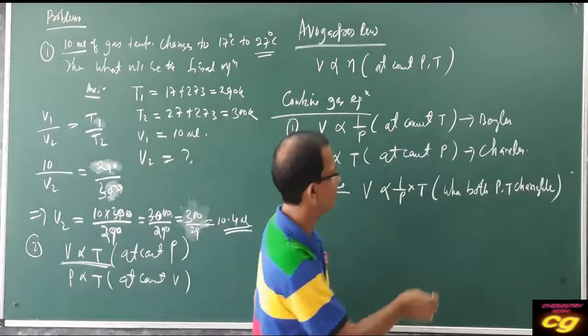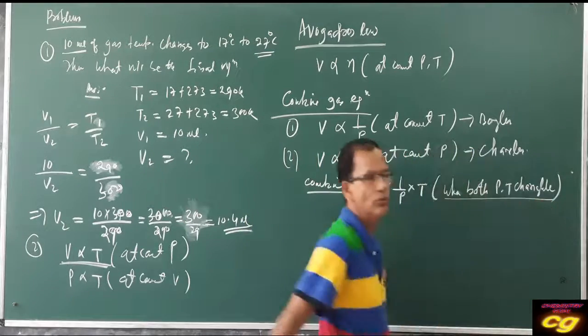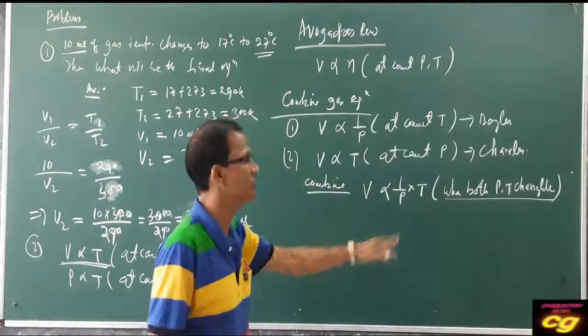When combined, both will be changeable, not constant. So V is proportional to T by P.